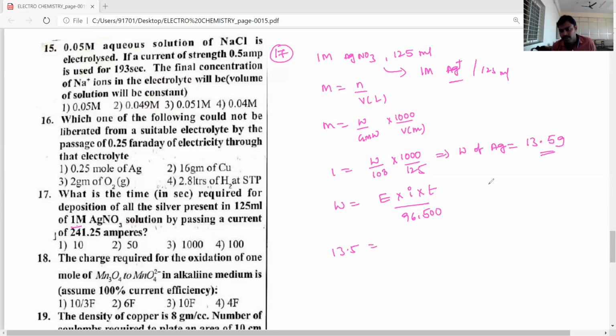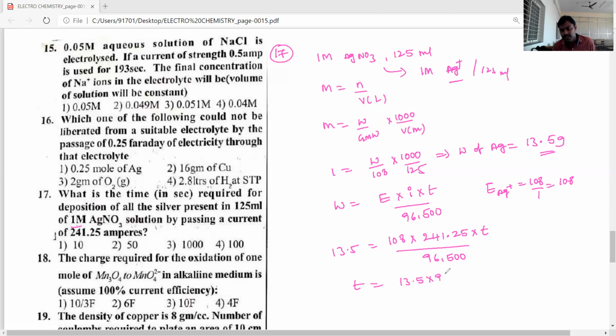The equivalent weight of silver Ag+ is 108 by 1, which is 108. Then 108 into current, 241.25 amperes, into T by 96,500.